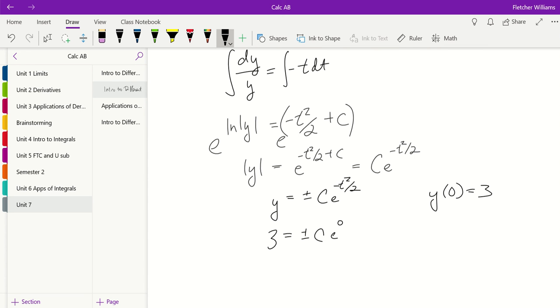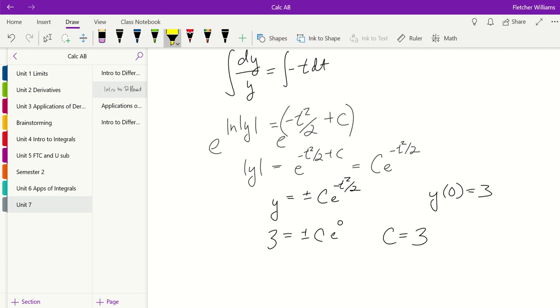And so that's c times 1. And so really what you do is you drop the plus or minus and you only take a positive 3. Because what you're looking for is that whenever you plug in 0 for t, you get y equal to 3. So you don't want plus or minus 3, you just want 3.